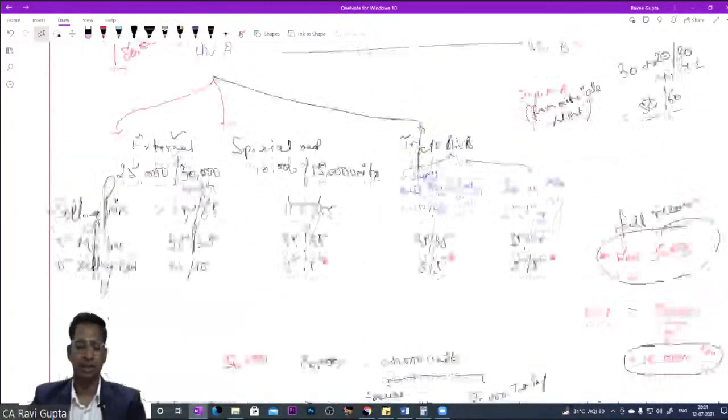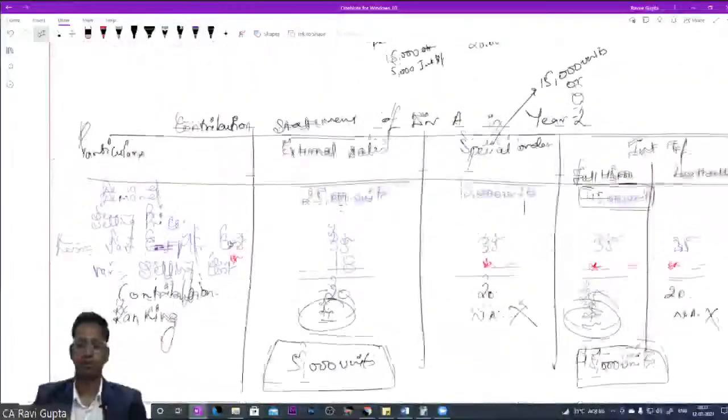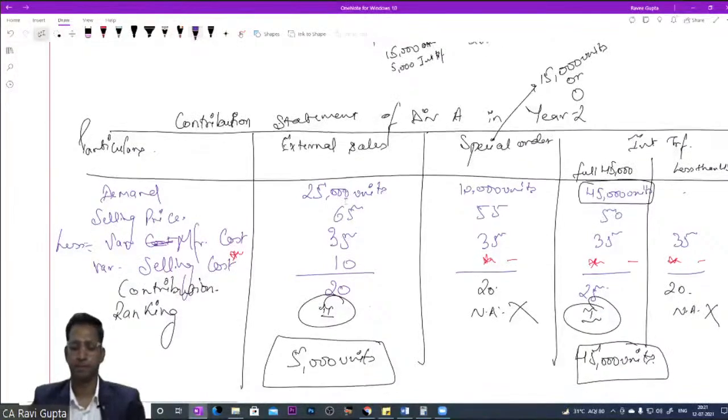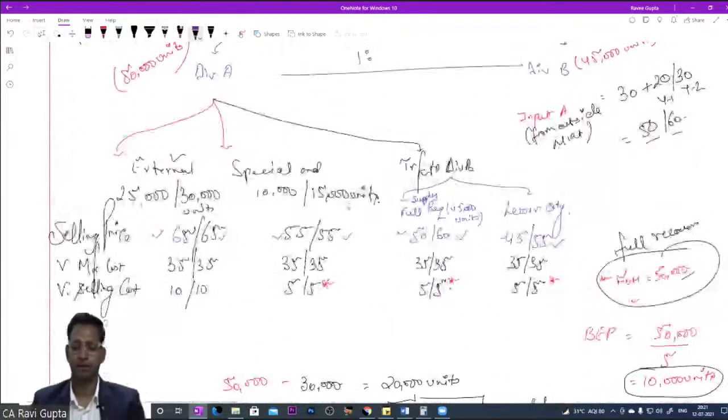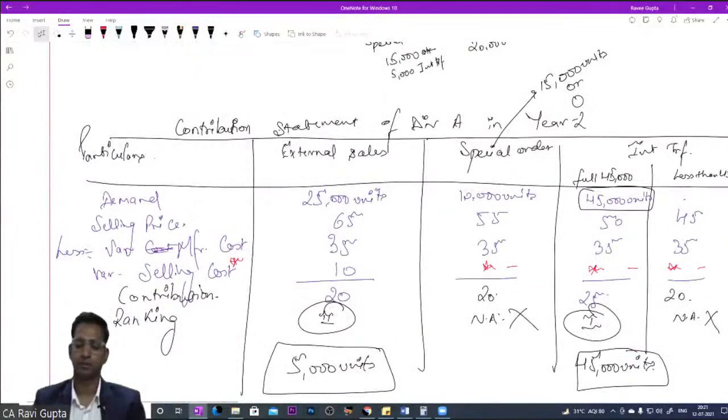In year 1, we have 65, 55 and 50 rupees. That is 50 rupees, and for the lesser quantity, 45 rupees. This cost will be incurred at 35 rupees.